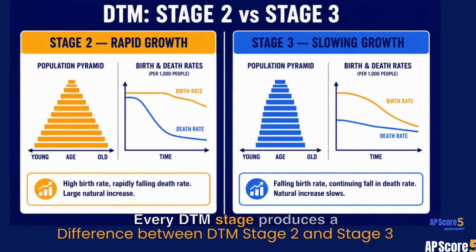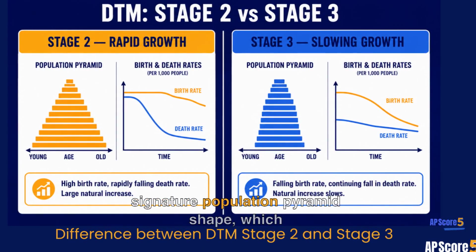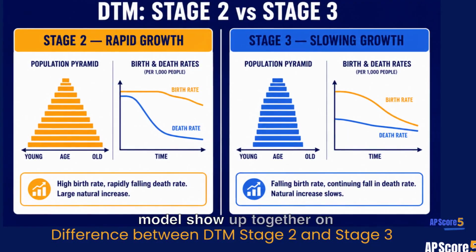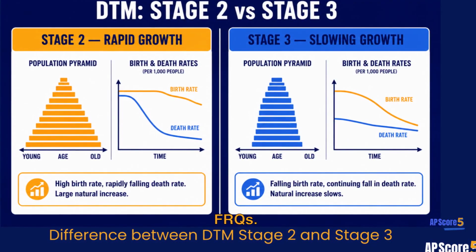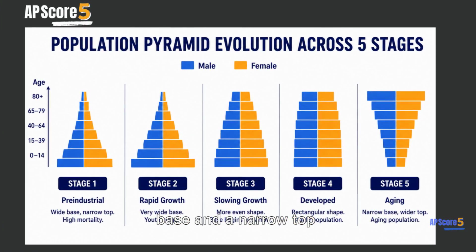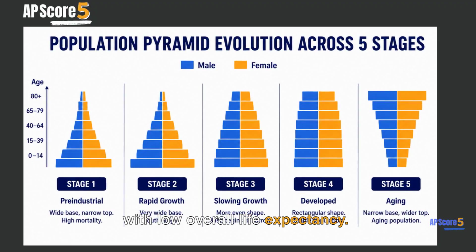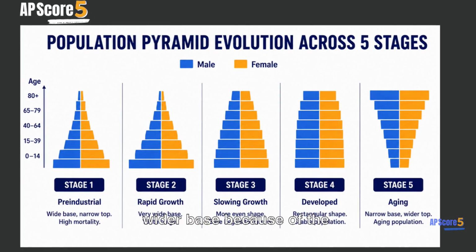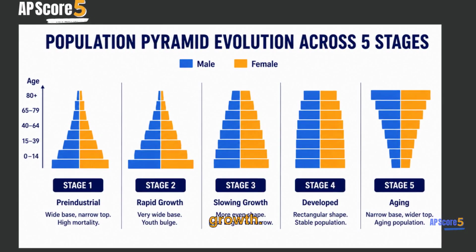Every DTM stage produces a signature population pyramid shape, which is why pyramids and the model show up together on FRQs. Stage 1 has a wide base and a narrow top with low overall life expectancy. Stage 2 has an even wider base because of the massive youth bulge from fast growth.